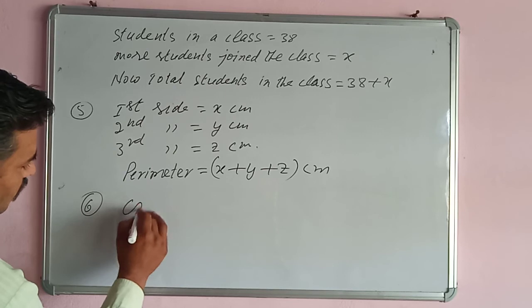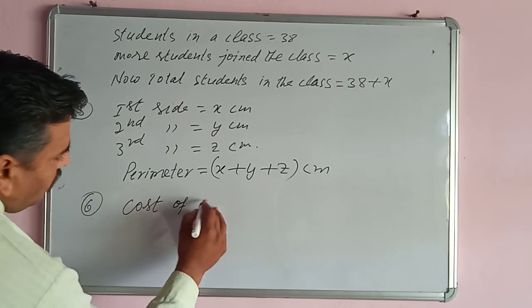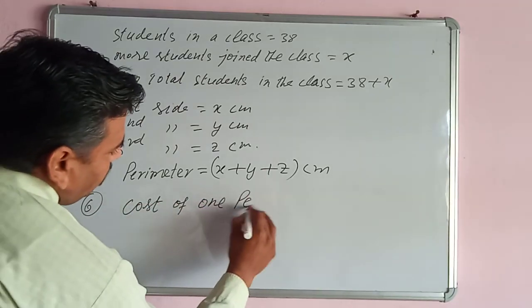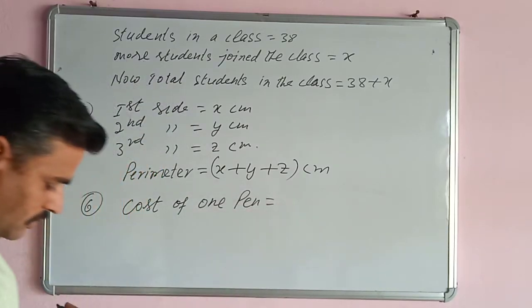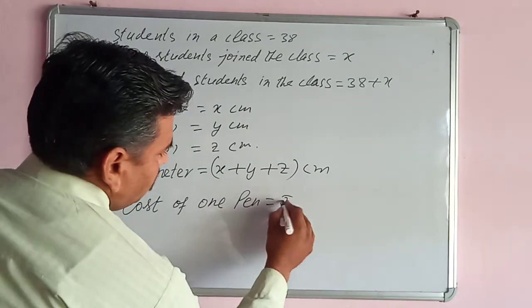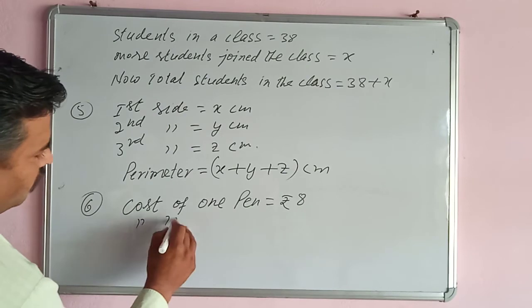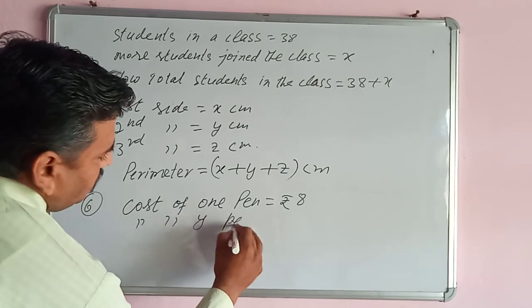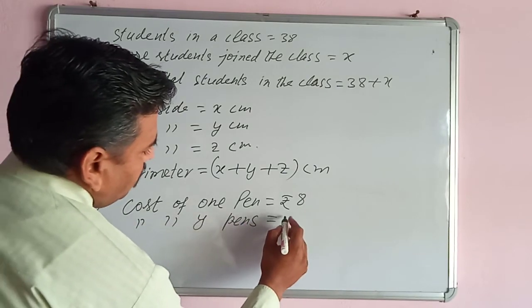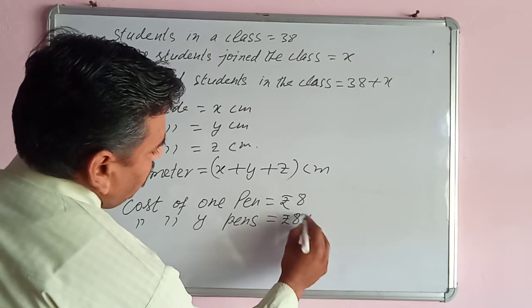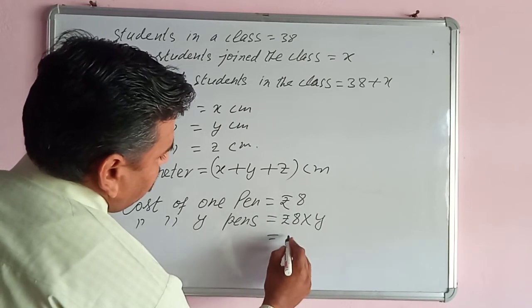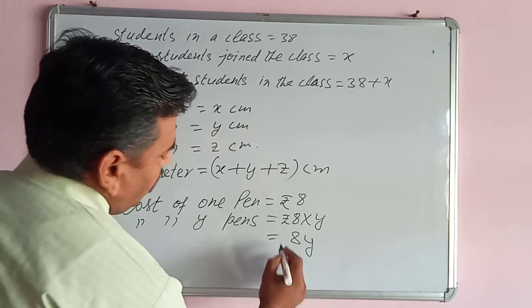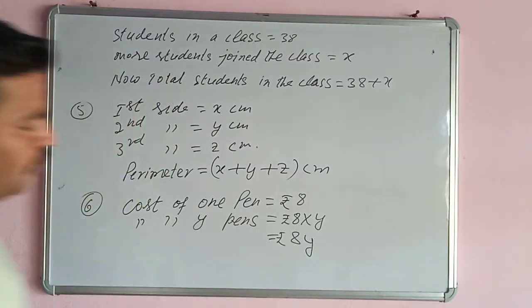Cost of 1 pen is rupees 8, and cost of y pens is rupees 8 multiplied by y, so it is rupees 8y.